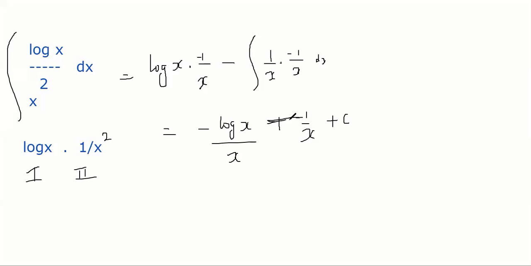You took minus here, so this minus and plus become minus. That's it. Final answer is minus log x by x minus 1 by x plus c. Or otherwise, if you want to do it more simply, put minus 1 by x outside, so no confusion: log x plus 1, or 1 plus log x. Same thing.